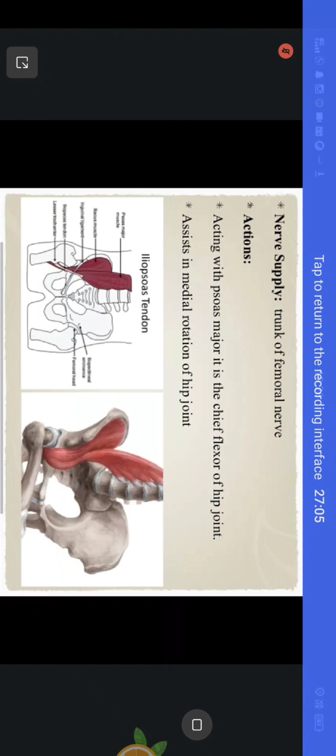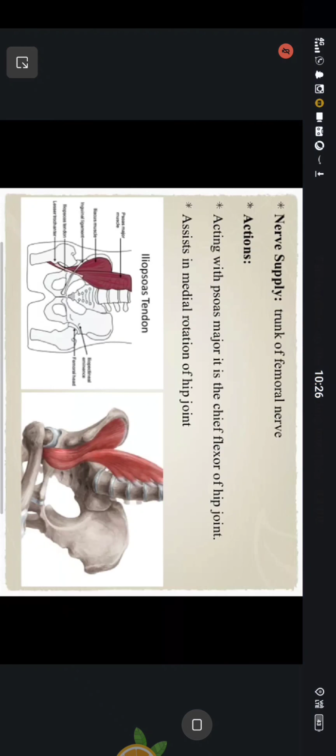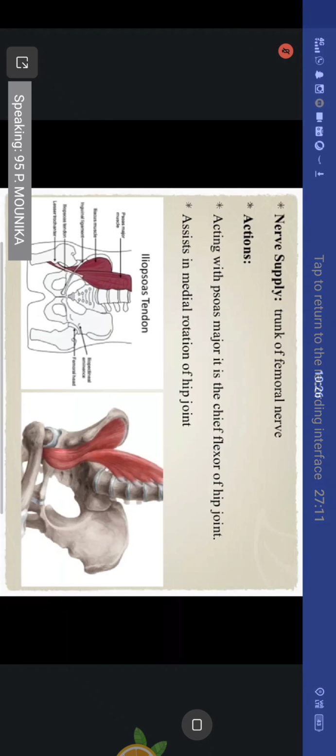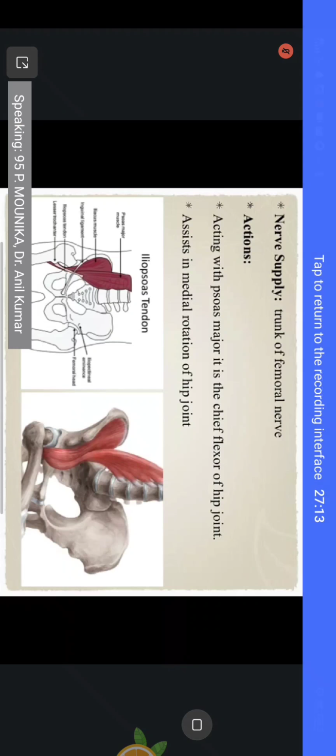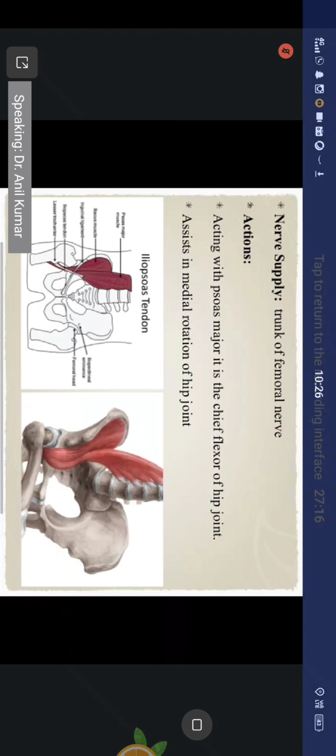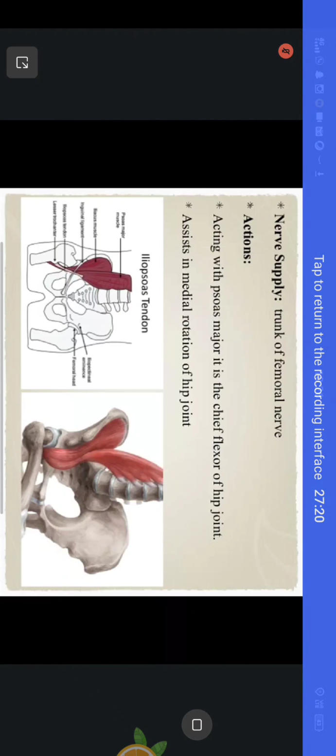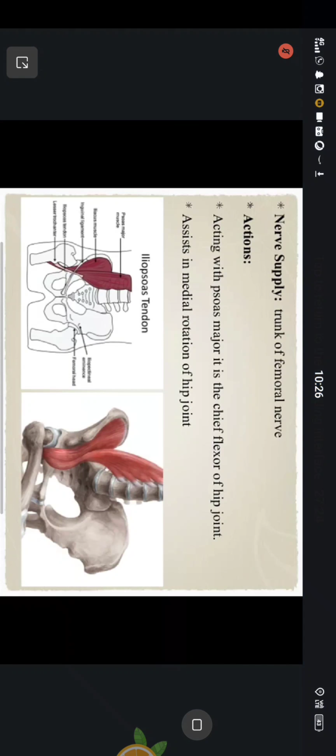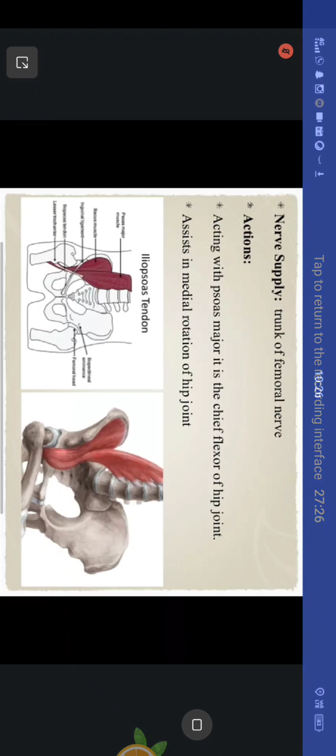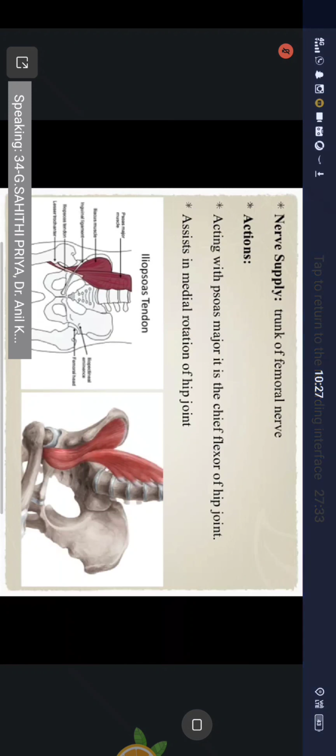How is the roof formed? The roof is formed by skin, superficial fascia and deep fascia. Now in this superficial fascia there is an opening. What is the name of that opening?